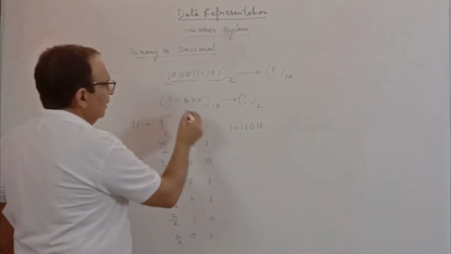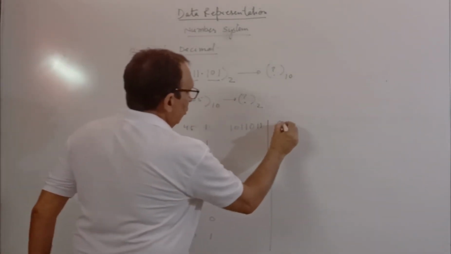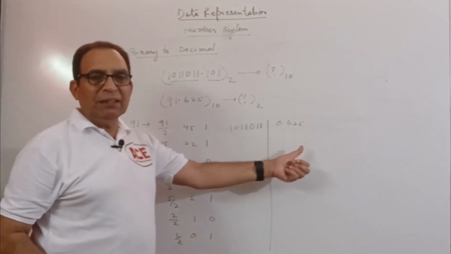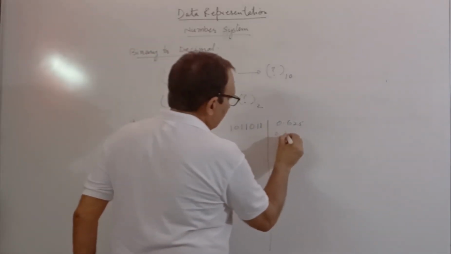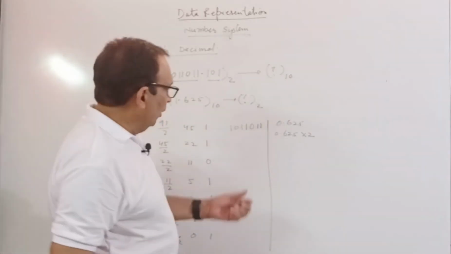Let us see the part 0.625. How can this be converted into binary? What you do is multiply this number by 2 and see what you get.